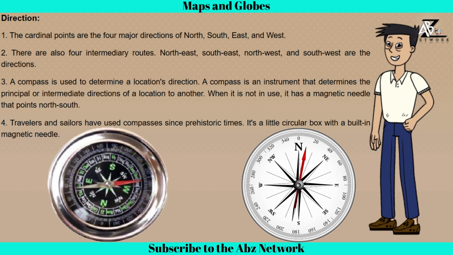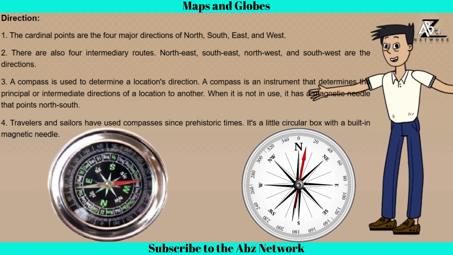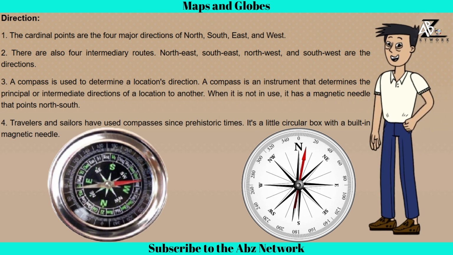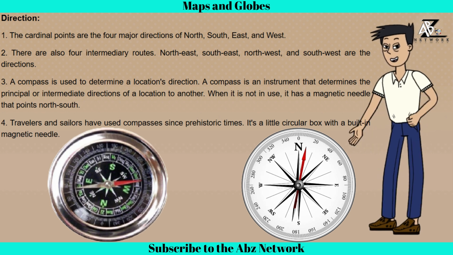Third, a compass is used to determine a location's direction. A compass is an instrument that determines the principal or intermediate direction of one location from another. When it is not in use, it has a magnetic needle that points north-south.